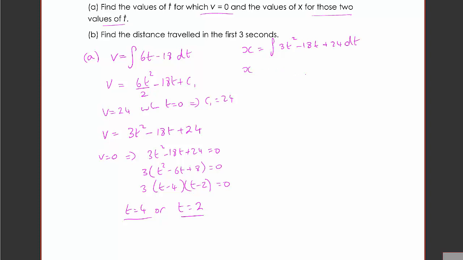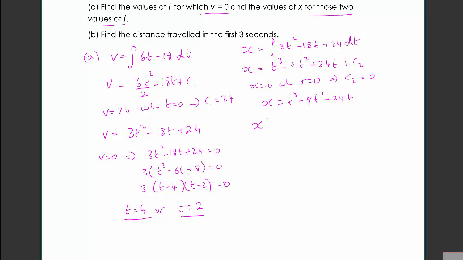So that's going to be 3t cubed over 3, which is t cubed, 18t squared over 2, so that's minus 9t squared, add 24t, plus a constant, but x is 0 when t is 0 tells us that the constant is 0. So we've got x is equal to t cubed minus 9t squared plus 24t.